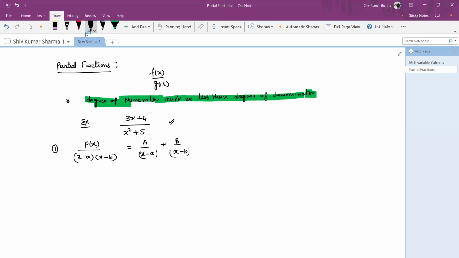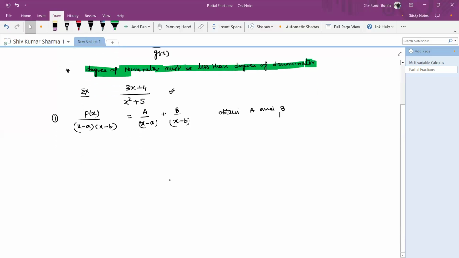We make two equations for calculating a and b. How to do the partial fractions? For such questions, we can take one example so you can easily understand.